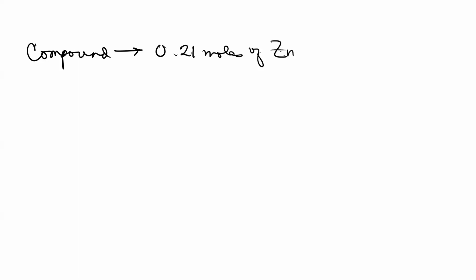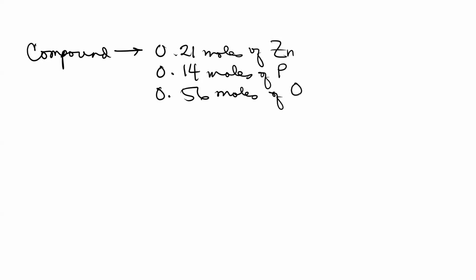So let's take this particular example where a certain compound contains 0.21 moles of zinc, okay, 0.14 moles of phosphorus, and 0.56 moles of oxygen, right?